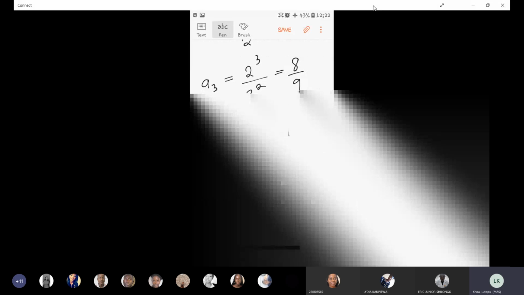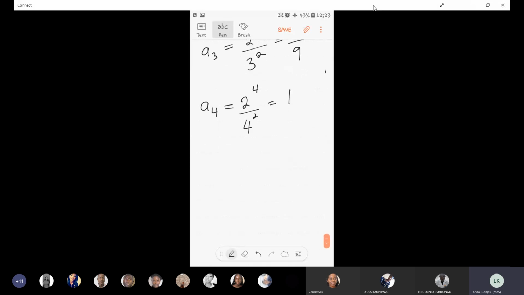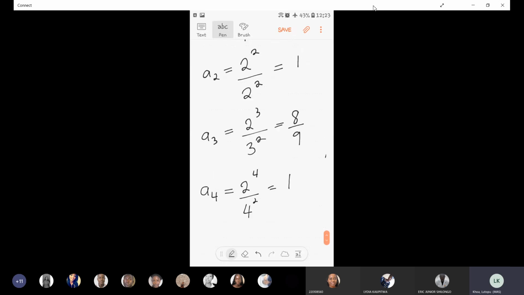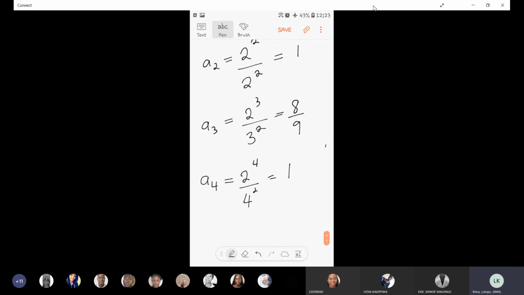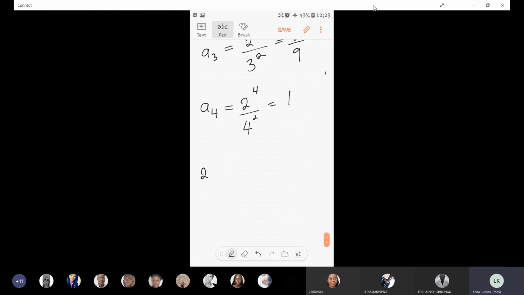This is 1. Okay, so this is your pattern now. The first one was 2, so we have 2, 1, 8 over 9, 1, and then it will continue. Okay, so that is how we would work out the first n terms in a sequence.